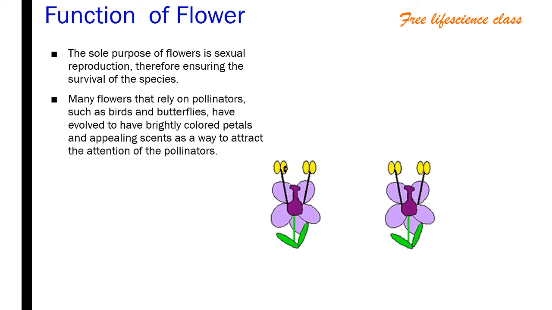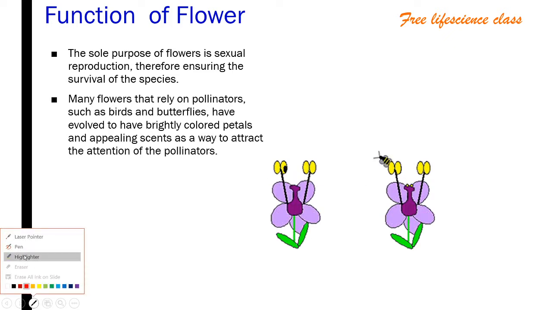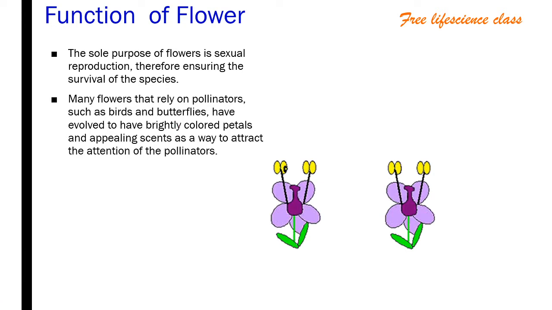Okay, so the basic function of the flower is sexual reproduction, therefore ensuring the survival of the species. Some flowers depend upon pollinators for pollination, and pollinators such as birds, butterflies, bees, etc. are some of the pollinators.